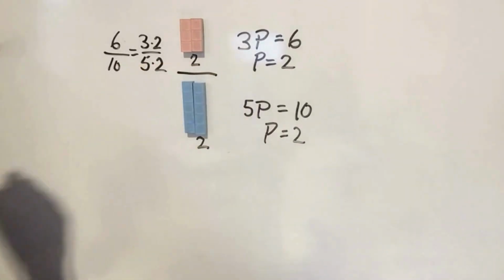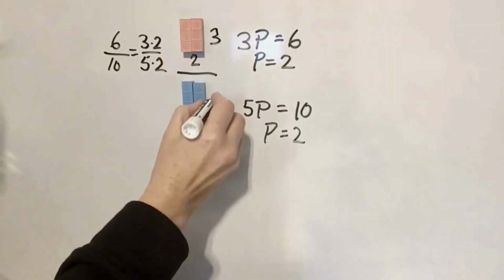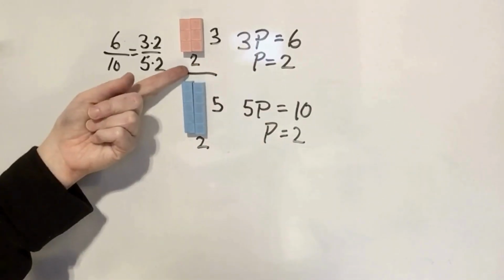Keep in mind that's like a fraction there, or a ratio. And then it goes up 3 here and 5 here. So this is where they're getting this 3P and P equals 2 from.